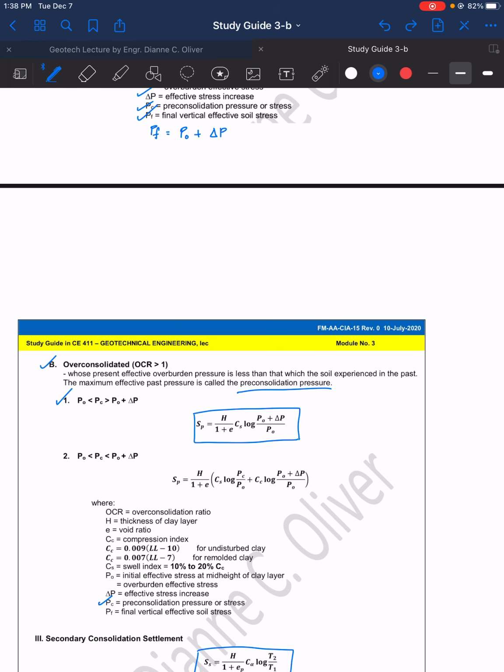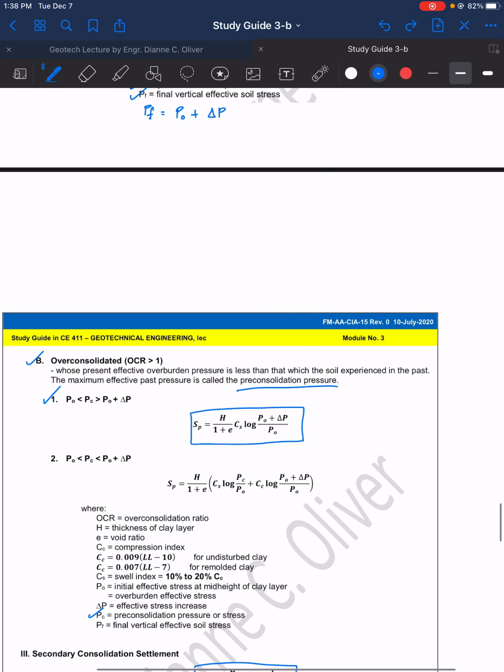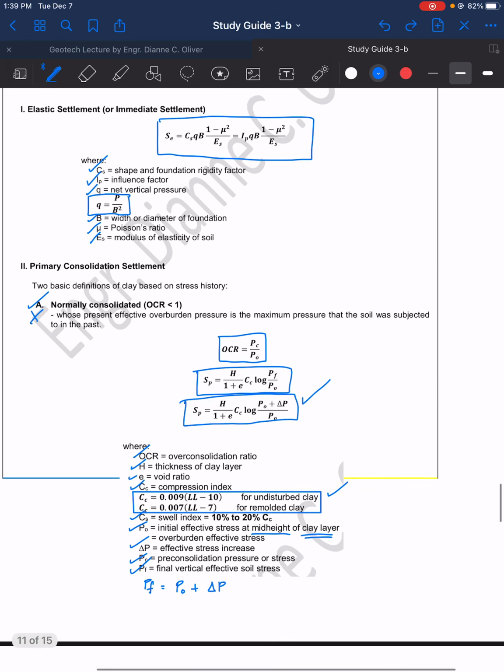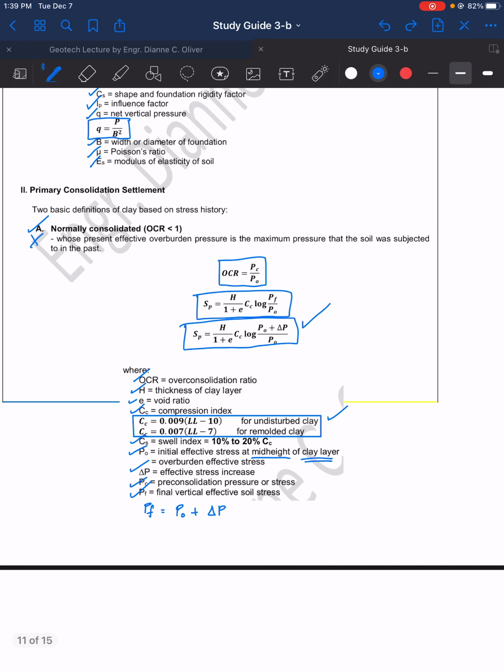Take note that the difference is that the over-consolidated has C sub S, which is the swell index, whereas the normally consolidated only has C sub C, which is the compression index.